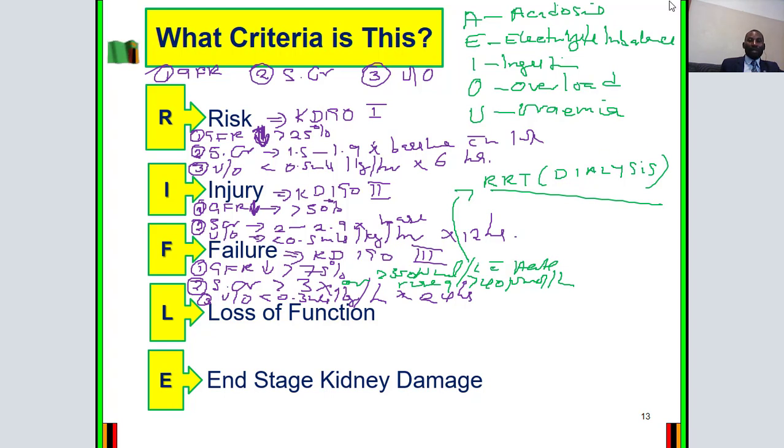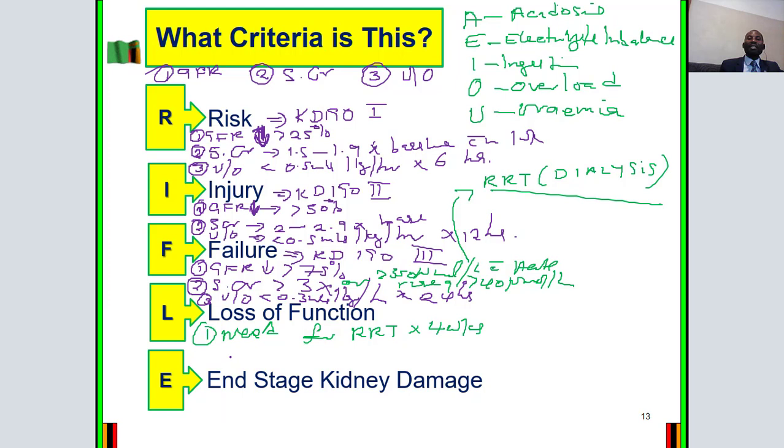What we're talking about here is, number one, there is need for renal replacement therapy for 4 weeks. What does that simply mean?